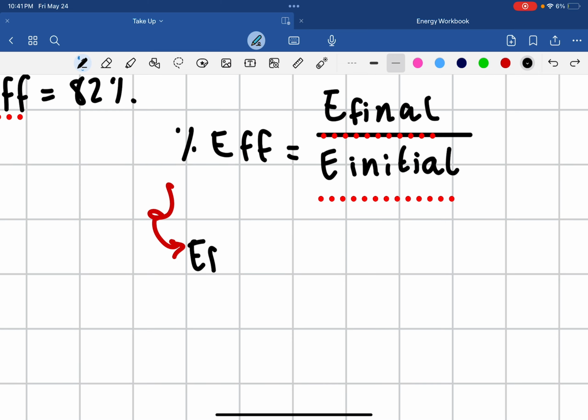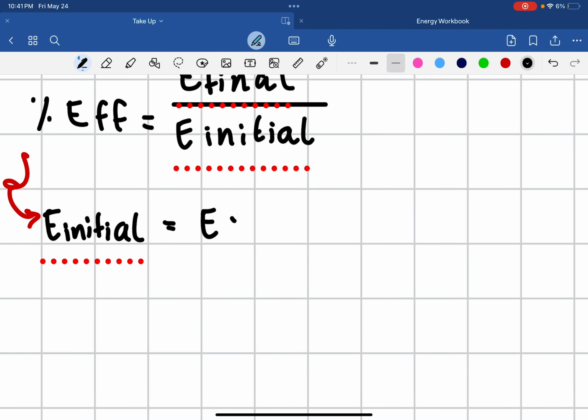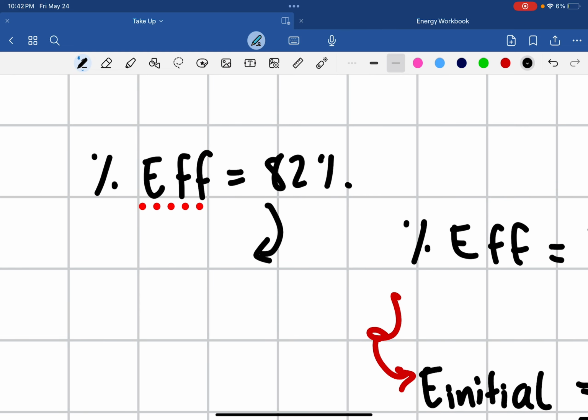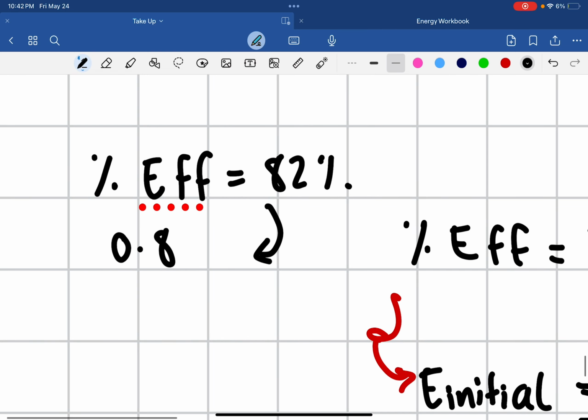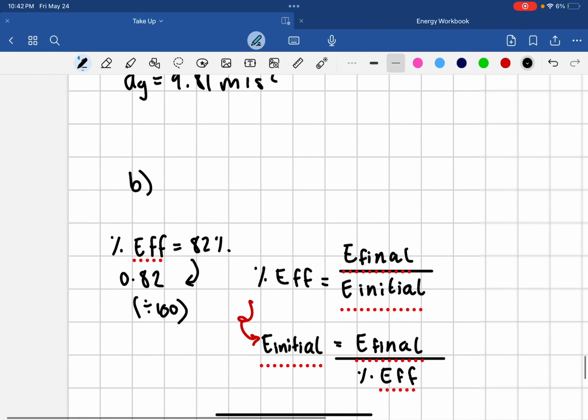So E initial is equal to final energy over the percent efficiency. Now, before we put this into the equation, we do have to convert it to a decimal, and that's by dividing it by 100.